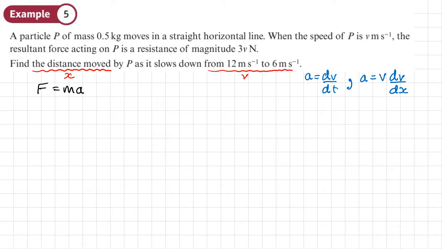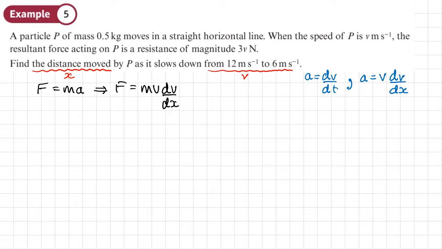So it makes sense to use this expression. The other gives velocity and time, but there's no time in this question. There's distance and velocity, so we'll replace a with v dv/dx. So now we can write F is equal to mv dv/dx.